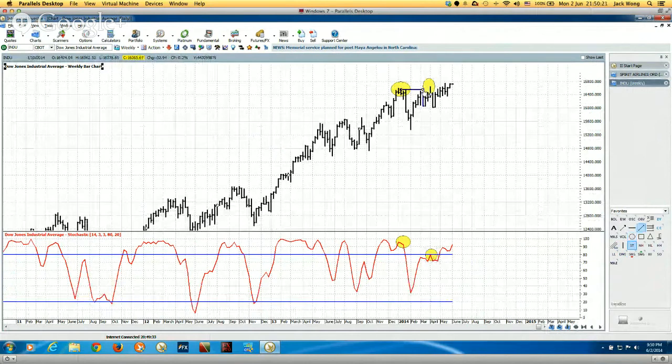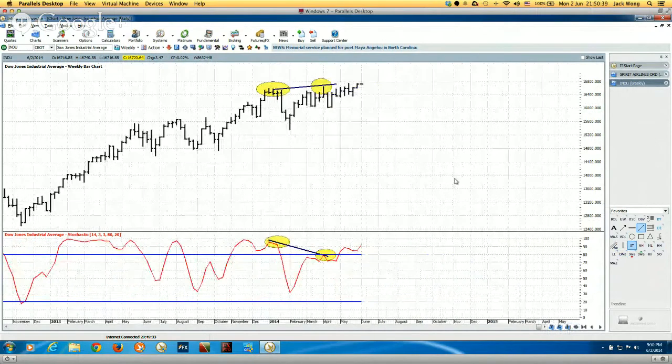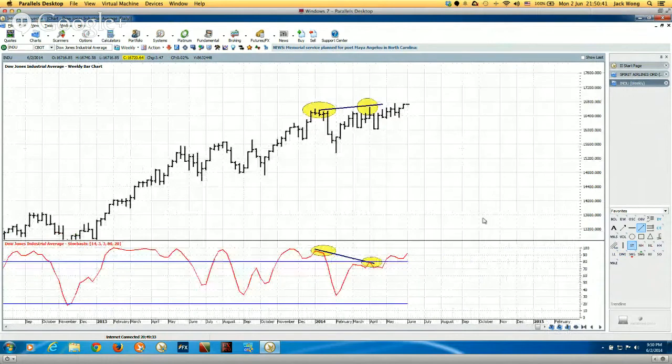So you see that the market has already given us an indicator of stochastic bearish divergence. Now, bearish divergence works well only on the weekly chart. I don't use the daily chart for that. So every week, I check if there's any stochastic bearish divergence.